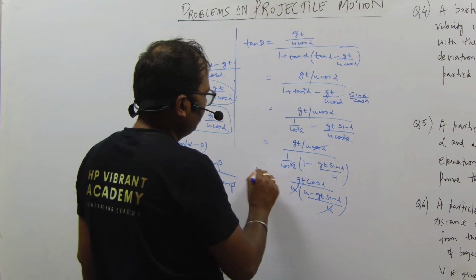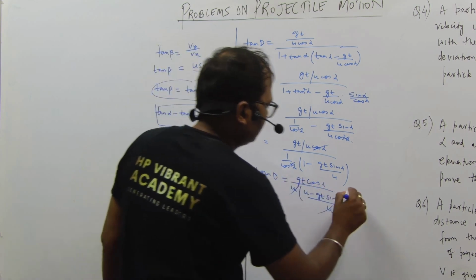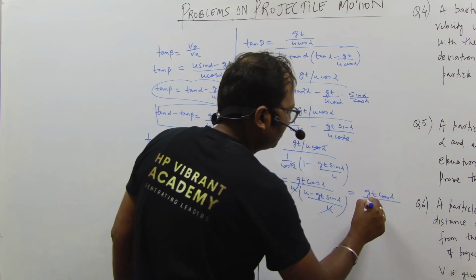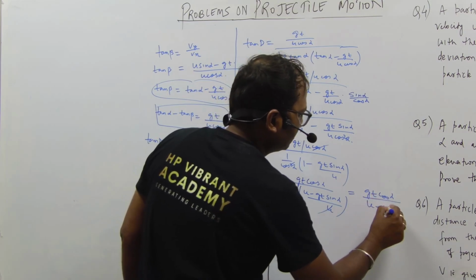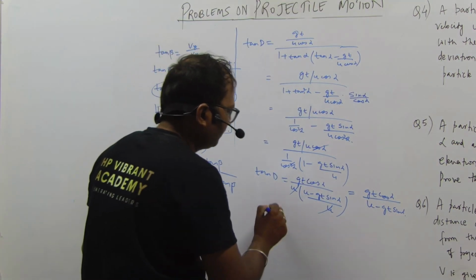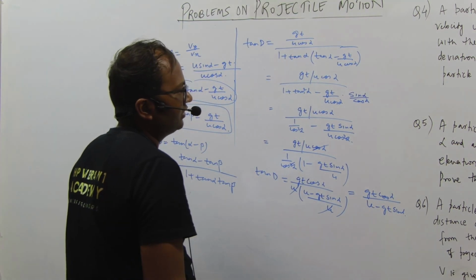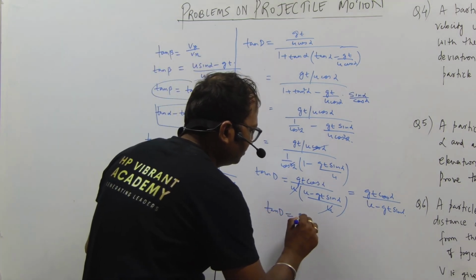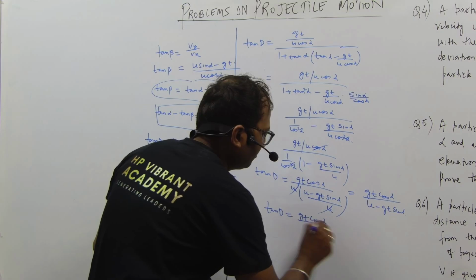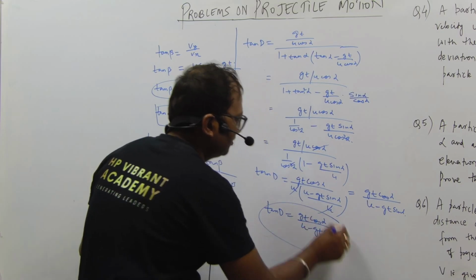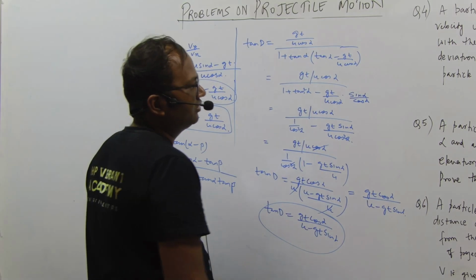So tan of d is equal to gt cos alpha upon u minus gt sin alpha. So the expression for the deviation is given by tan of d is equal to gt cos alpha upon u minus gt sin alpha. So this is the expression for the deviation.